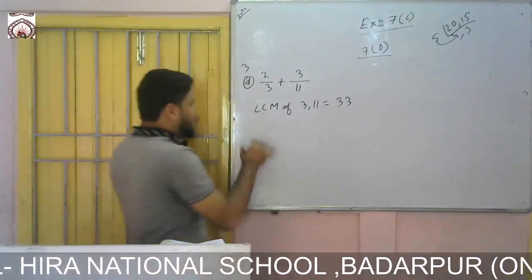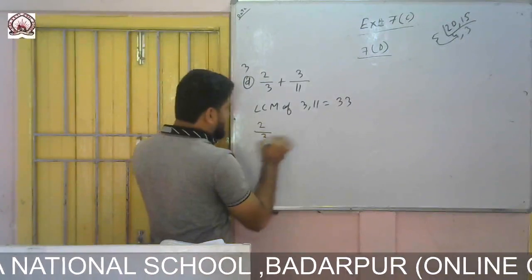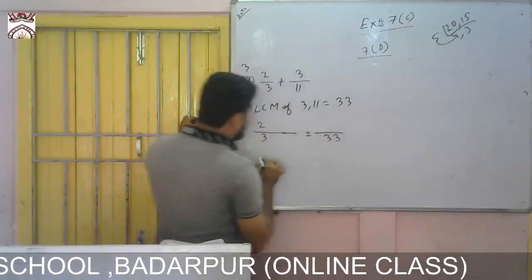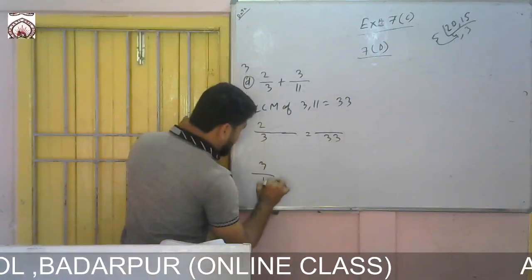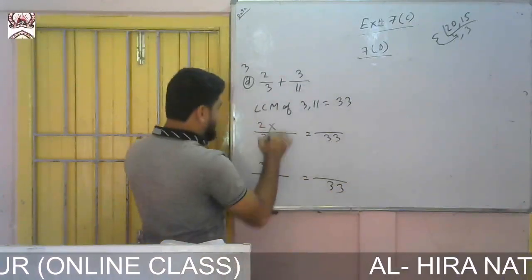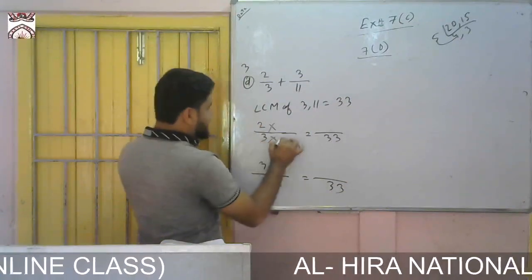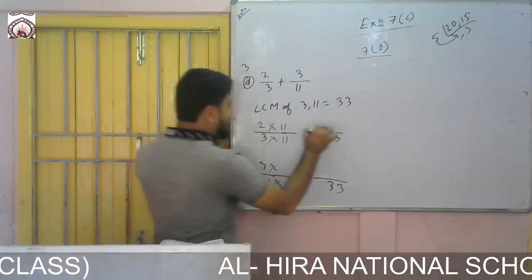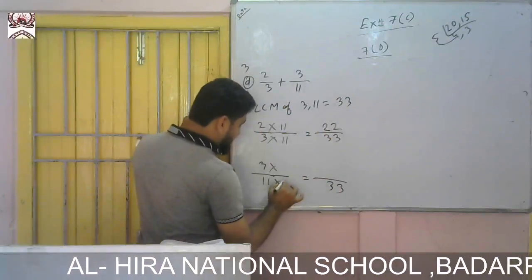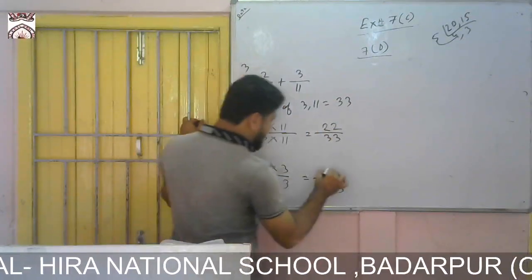So 3 elevens are 33. Now write 2 by 3 in terms of 33, and 3 by 11 in terms of 33. So multiply. 11 twos are 22, and 3 threes are 9.